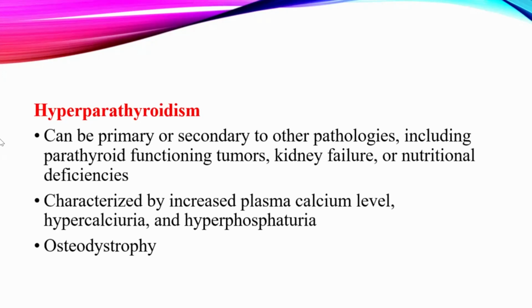When there is excess parathyroid hormone, it causes regular resorption of bone to release calcium from the bone, which leads to osteodystrophy. So in a hyperparathyroid patient, due to the continuous action of parathyroid hormone, there is a continuous release of calcium from bone, which leads to osteodystrophy.